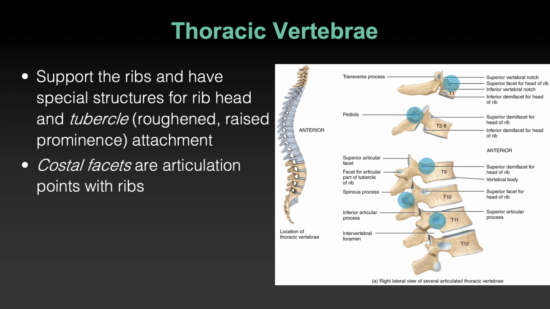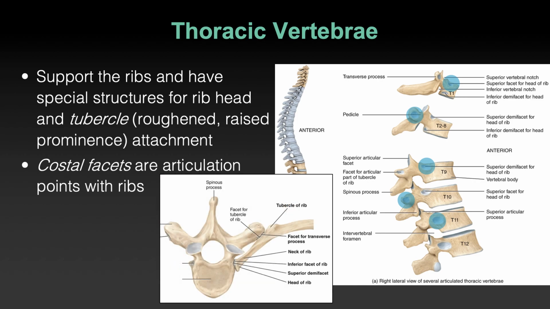To put it in perspective with how the ribs will articulate with these thoracic vertebrae, I'm going to bring in this picture, which you don't see in your notes until later. But the costal facets would be these 2 points of attachment. You can see the head of the rib attaching just at the base of the pedicle, or articulating at the base of the pedicle. As the rib projects outwards and then encircles the thorax, we don't see the whole rib.